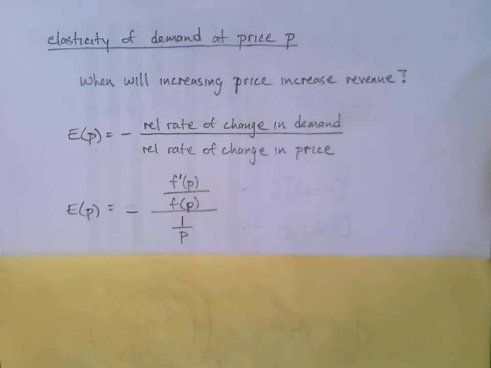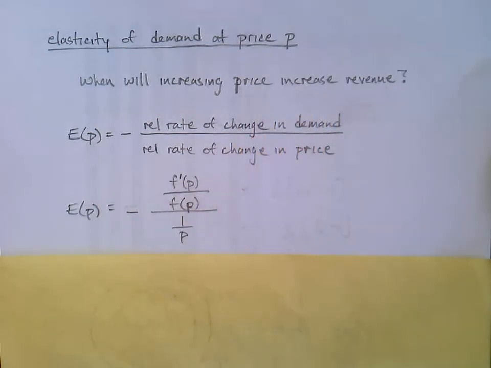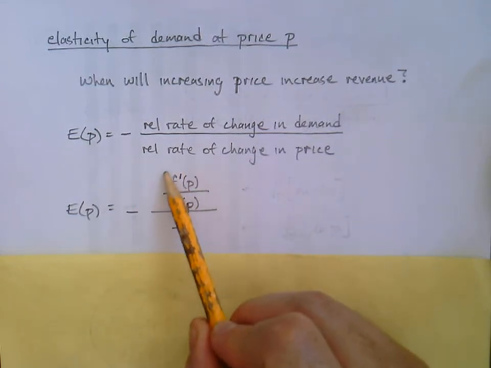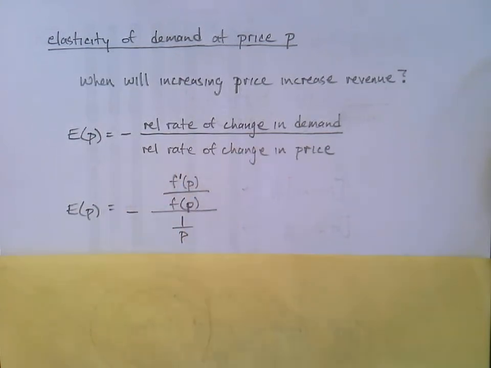There's always going to be less people willing to buy it if you raise the price even a little bit. Now, the idea is maybe you raise the price and most people are still willing to buy it, and so you end up making more money. But it's always less people that are willing to buy it if you raise the price, never more, or at least that's the theory here. So this is always going to be negative, and so we throw this extra negative out there to make the entire thing positive.